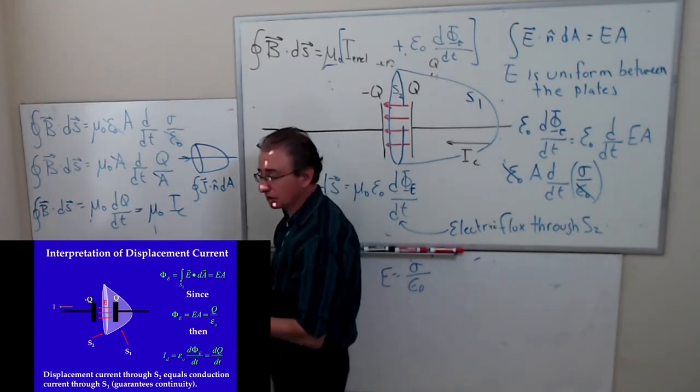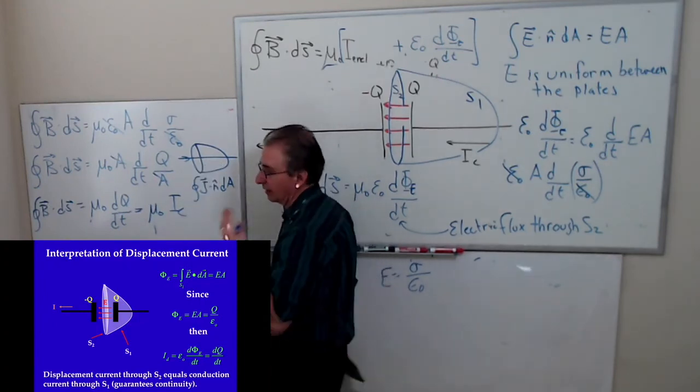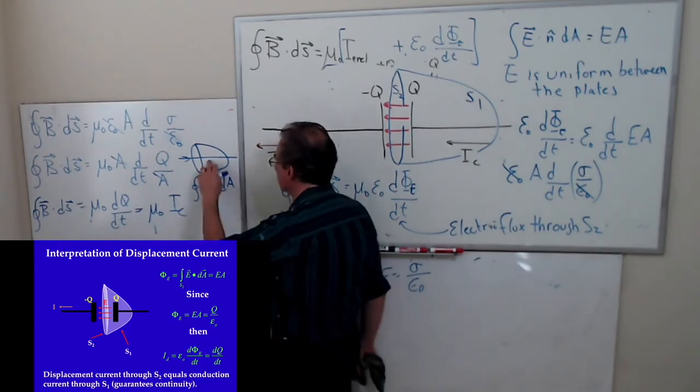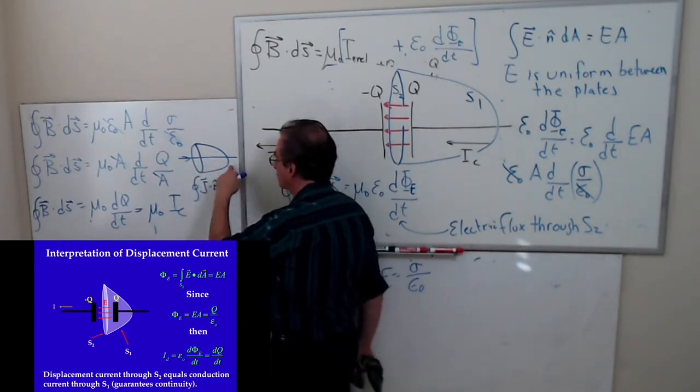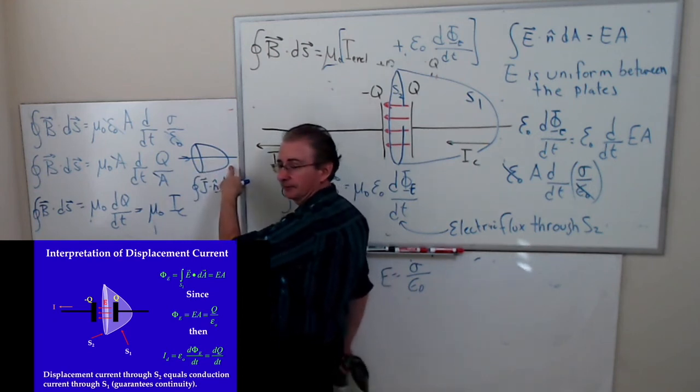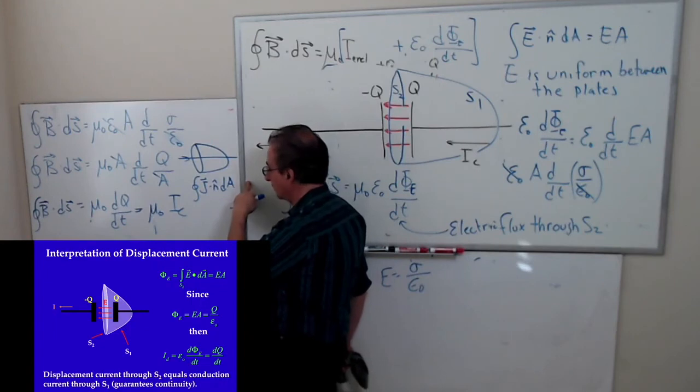If I have a source inside here, like again, go back to the water faucet analogy, if I have a source of current in here, then there's going to be a net flow of charge per unit time coming out of here. And so I have to account for that.